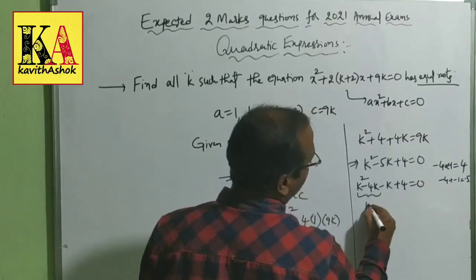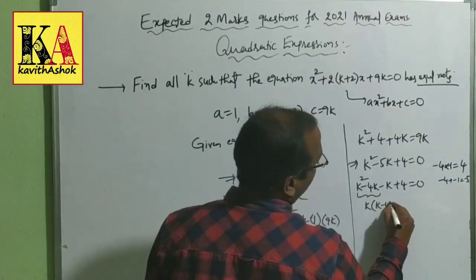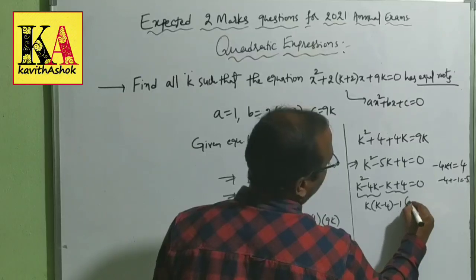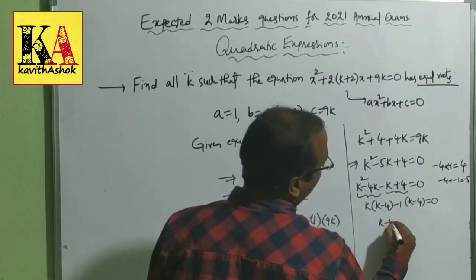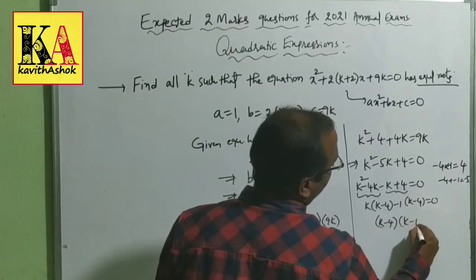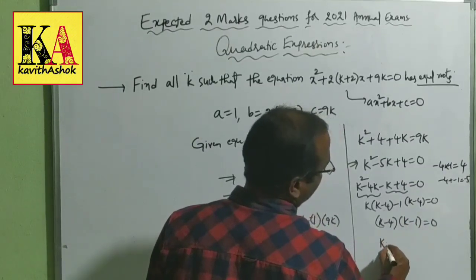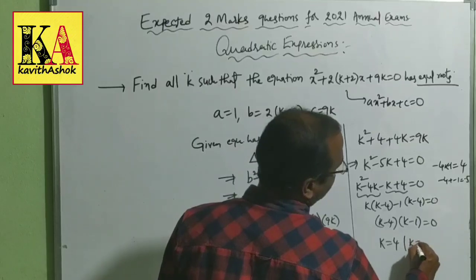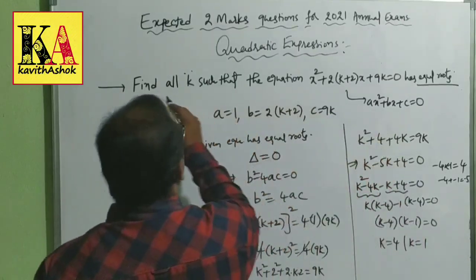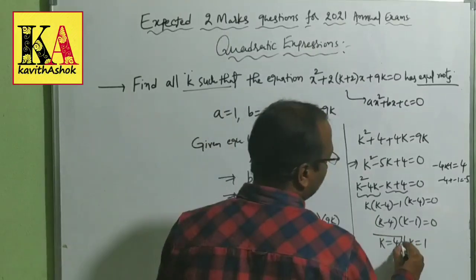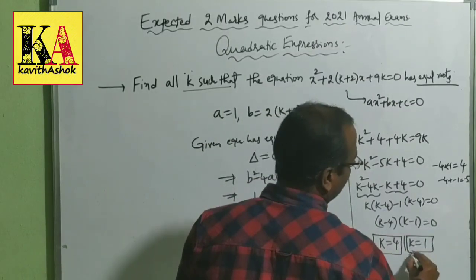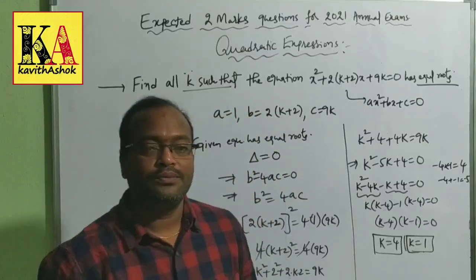From these two, k common, k minus 4. From these two, I am taking minus 1 common, k minus 4 equal to 0. From these two, k minus 4 common, k minus 1 equal to 0. Then k is equal to 4 here, k is equal to 1 here. We want to find all k, so k value will be 4 as well as k value will be 1. Like this, we can solve the problem.